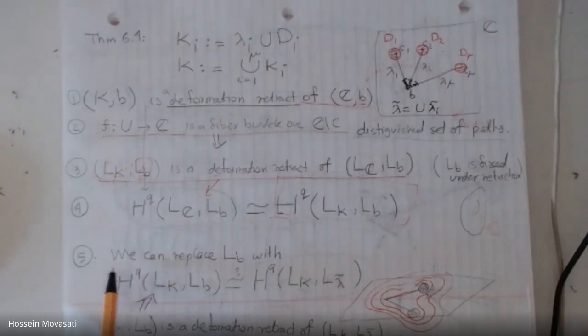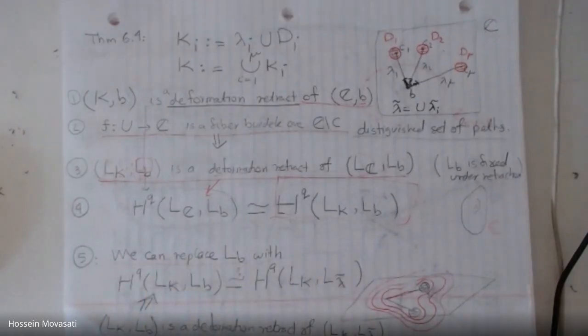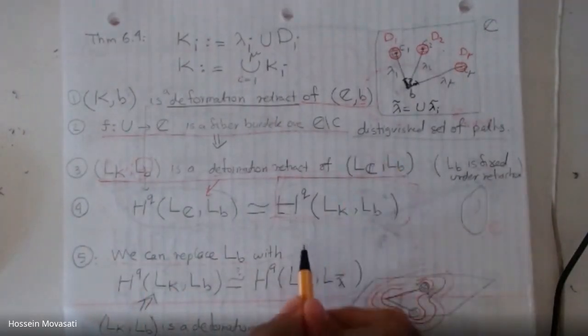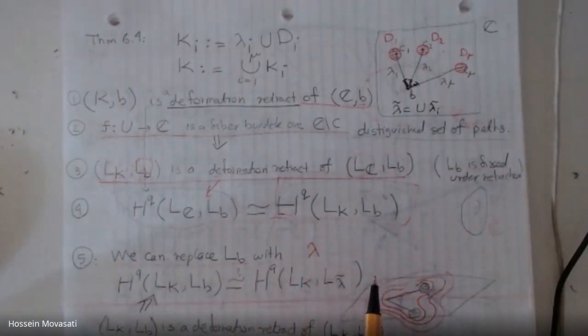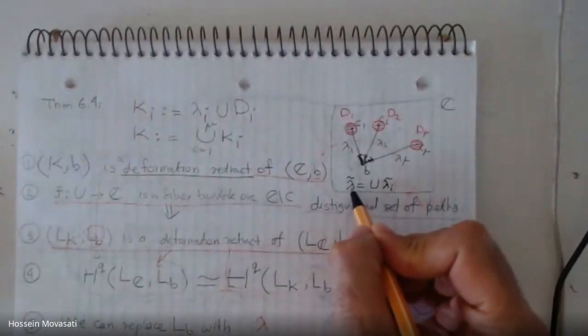Now comes another application of the homotopy axiom for cohomology. We can replace LB with this one, let's say lambda tilde. Then maybe before telling this one, I have to say, lambda tilde. So now let's thicken this point B a little bit to some small neighborhood here.